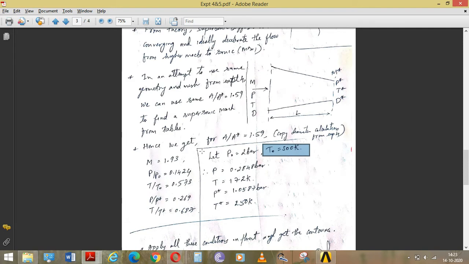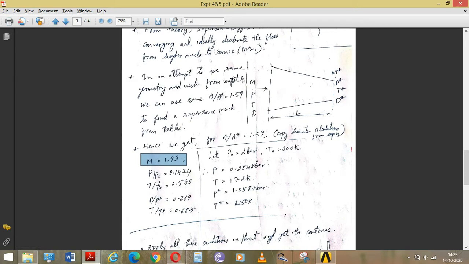Now we have put these values, right? After computation, you can find the remaining values. We didn't put static temperature at the inlet, we didn't put static temperature at the exit, and we didn't give Mach number input to the system.